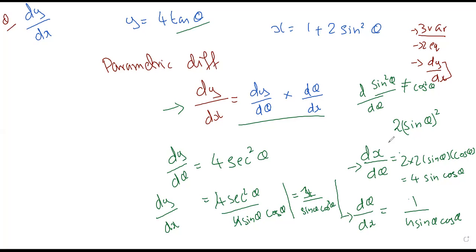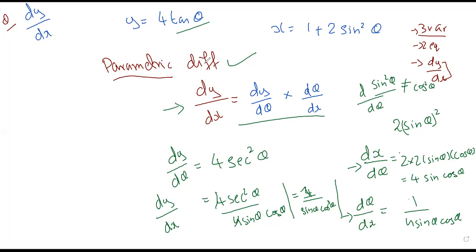Right. So I'll repeat a few concepts right now. Are we clear with what parametric differentiation is? You need to look at these 3 clues in the question. You have to find these clues, and then you will simply know that this is a question which would be solved through parametric differentiation.